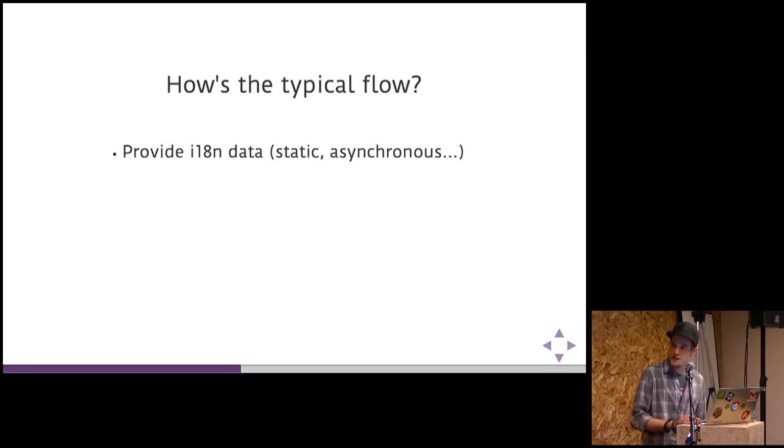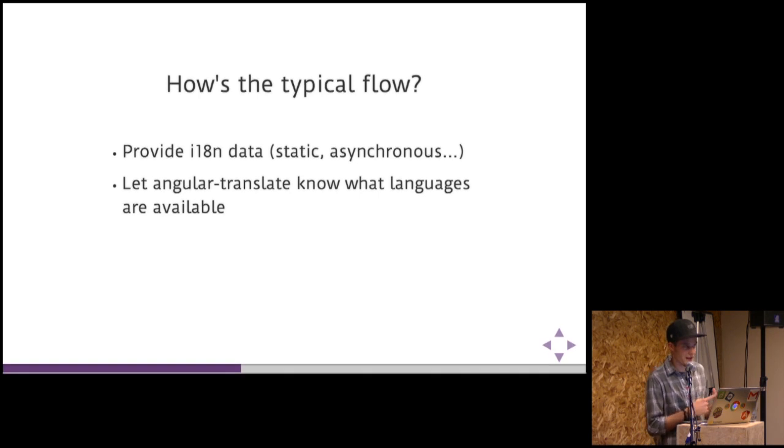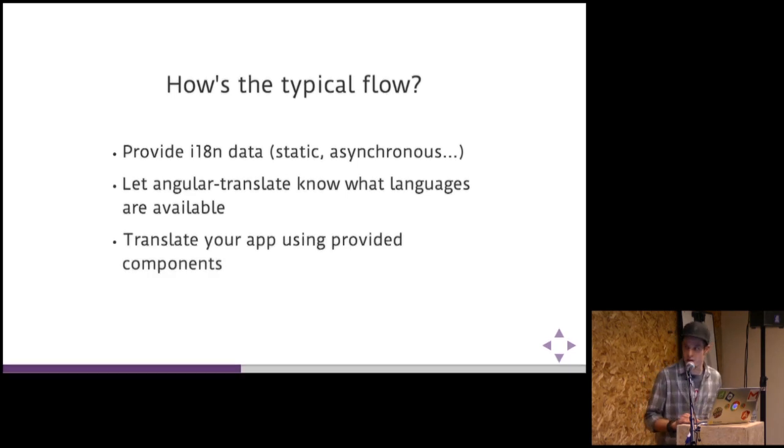You actually just have to know how you want to provide your internationalization data. This is either statically or asynchronously. Then you have to let Angular Translate know that there are these languages, which you do with the translate provider. And then you can translate your app using the provided components like the filter and the directive.